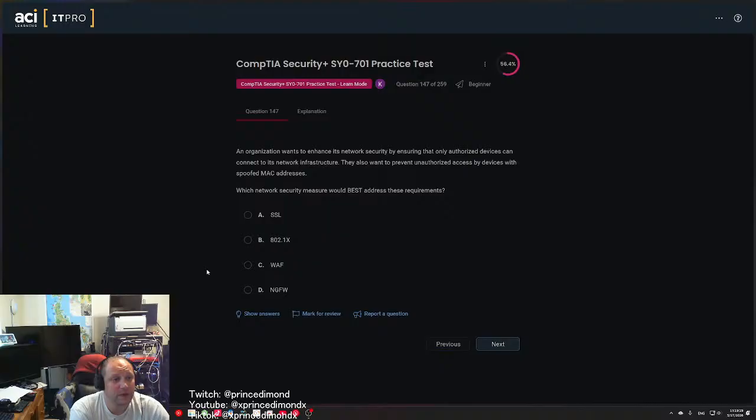An organization wants to enhance its network security by ensuring that only authorized devices can connect to its network infrastructure. They also want to prevent unauthorized access by devices with a spoofed MAC address. Which network security measure would best address these requirements?